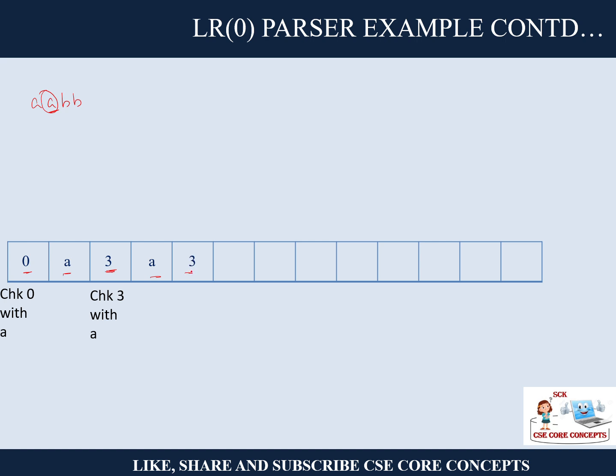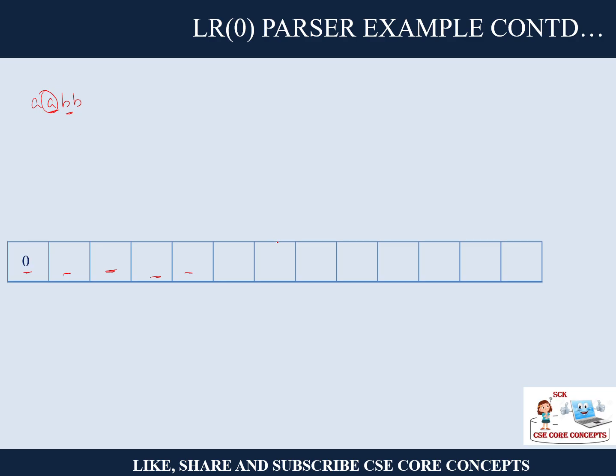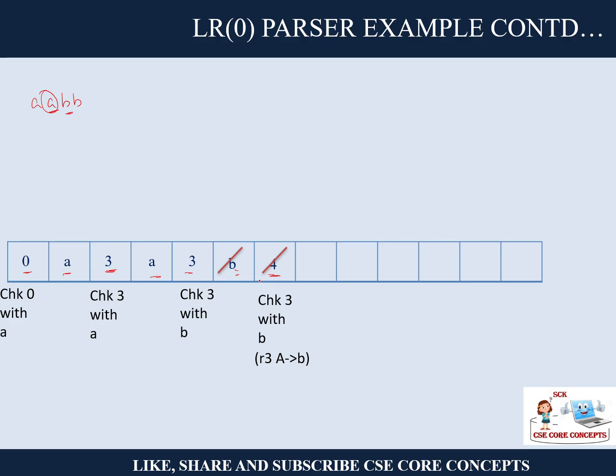Again, you are going to check the next element, B, right? So you will check B with 3. So closure I3 with B is S4. So S4, you go to B and 4, you will write. Again from 4, you will check. You can see the next element is your next string B. That is fine.